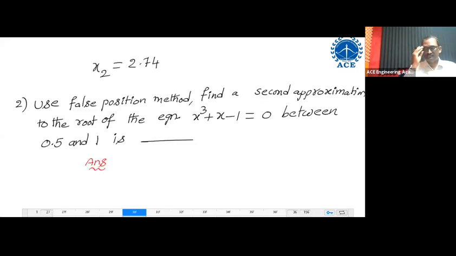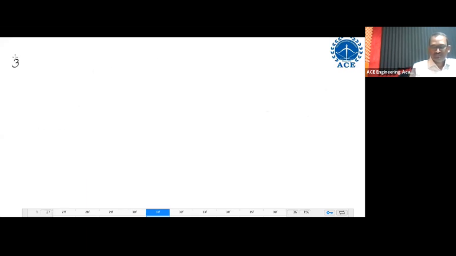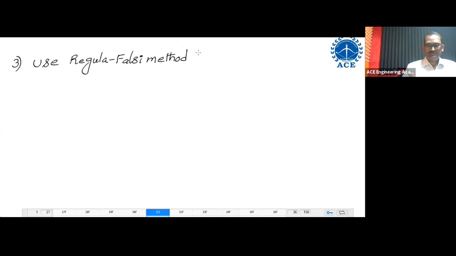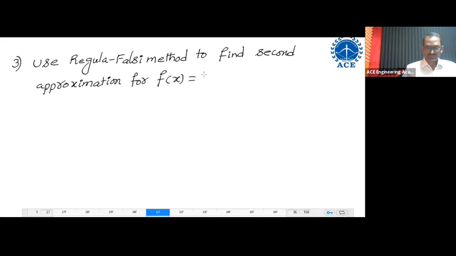Problem number 3. Use regular falsi method to find a second approximation for f of x is equal to x log x to the base 10 minus 1.2.